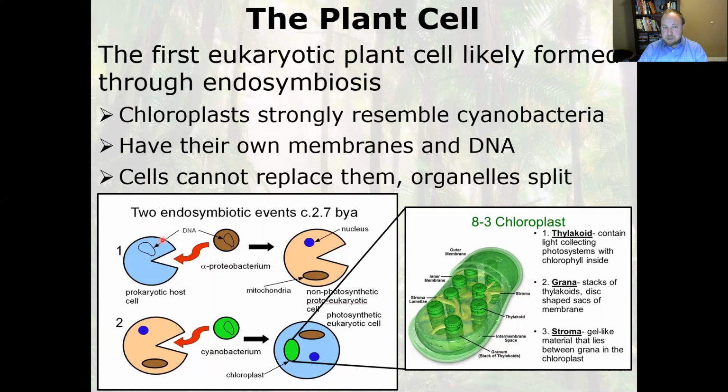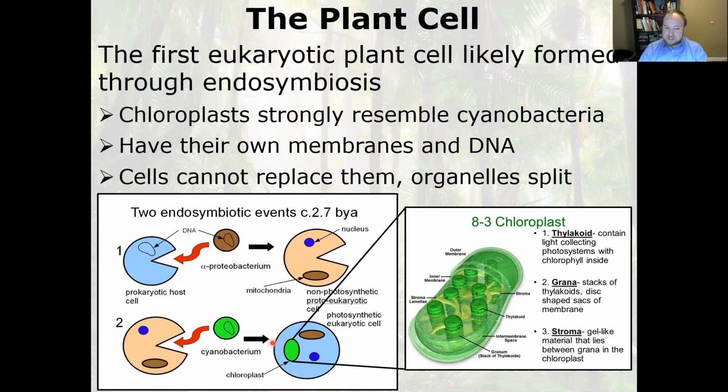these like amoeba-like prokaryotes kind of Pac-manning up these other prokaryotes that did different things. So the first thing that probably happened was swallowing up mitochondria. Both animal and plant cells have mitochondria, the quote-unquote power plants of the cell. But the next thing that probably happened was that a version of that cell kind of gobbled up a cyanobacteria.